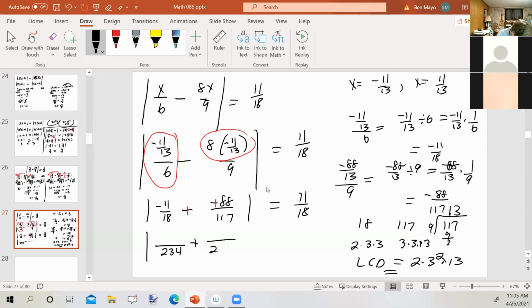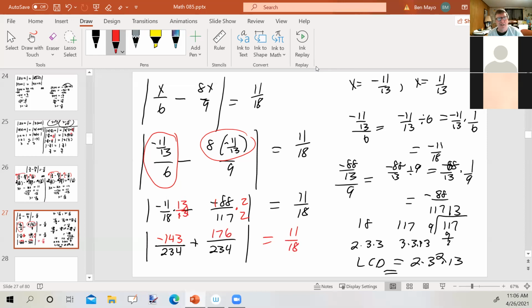So negative 11/18, I've got to multiply by 13 over 13. In the numerator, negative 11 times 13 becomes negative 143 over 234. And 117, I've got to multiply by 2 over 2, which would be 176?